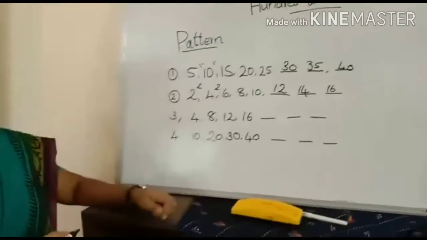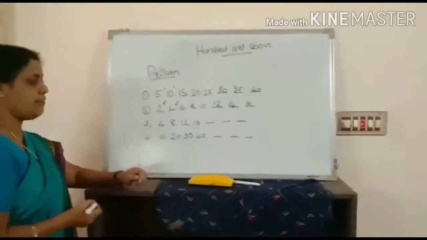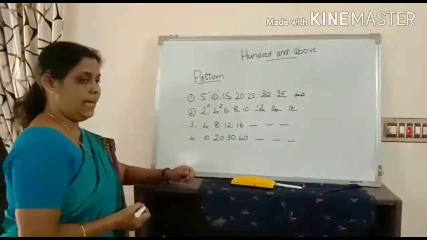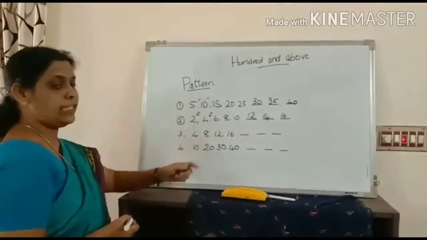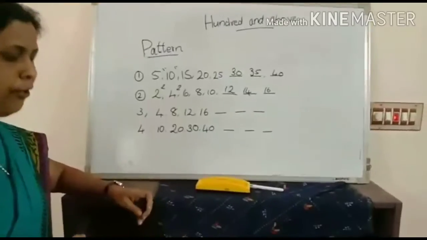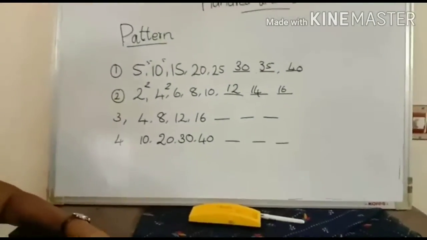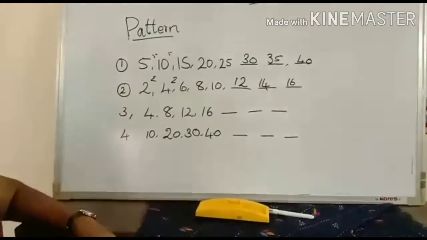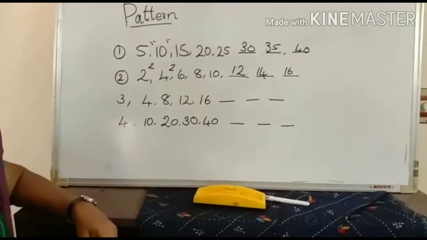Then third one, 4, 8, 12, 16. What is the difference between 8 and 4? 4. Then 12 and 8? Yes, 4.